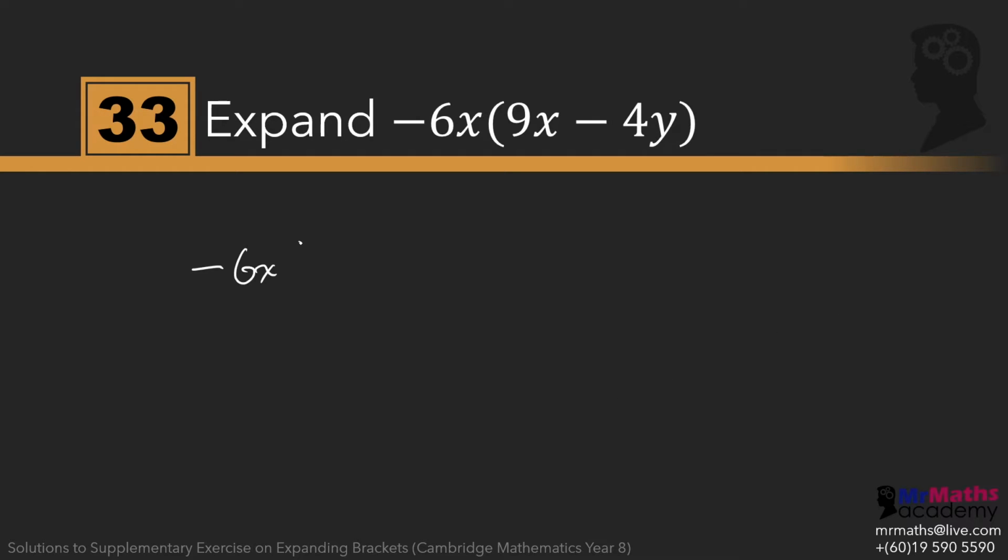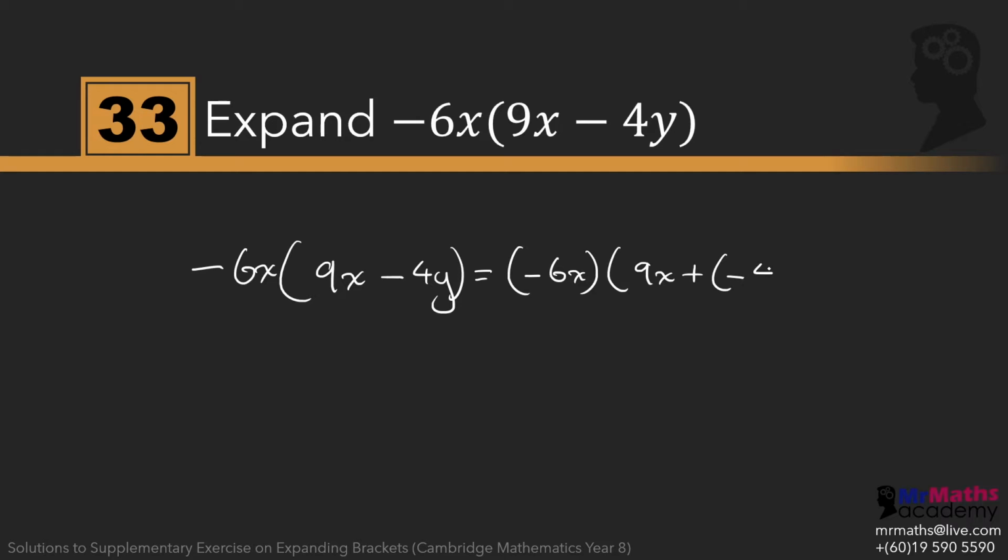Minus 6x, 9x minus 4y. So that is minus 6x inside its own bracket, 9x plus minus 4y. So let's expand that. Minus 6x and 9x, plus minus 6x and minus 4y.